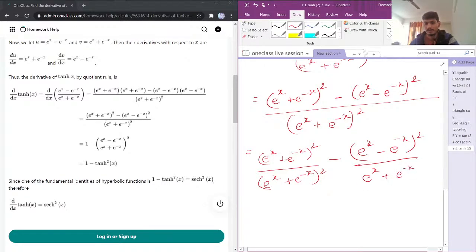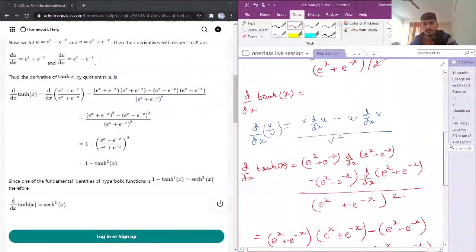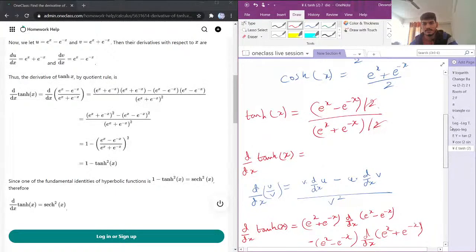This and this will get cancelled, so I will have 1 minus e power x minus e power minus x over e power x plus e power minus x, and I'll just take the whole square outside, and this was equal to tangent hyperbolic of x.